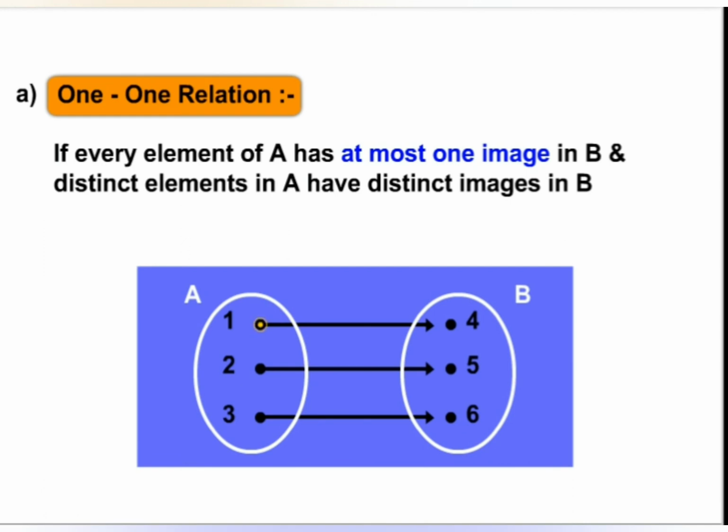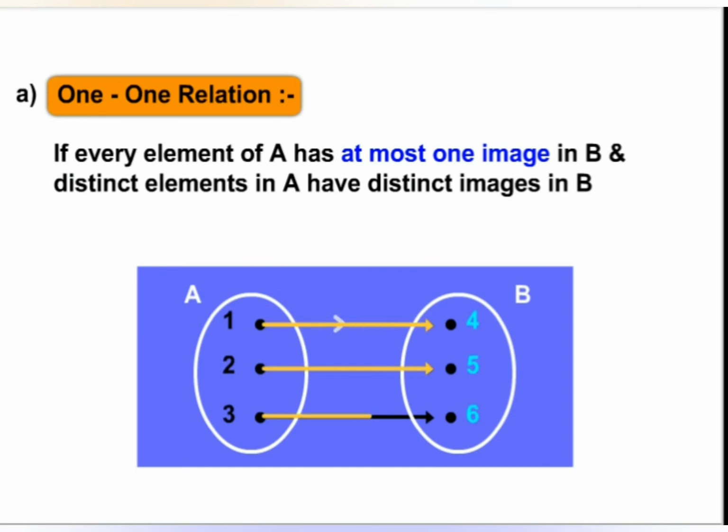If every element of A has at most one image in B and distinct elements in A have distinct images in B. For example, in the figure, 1 has only one image in B, that is 4, and 1, 2, 3 in A have different images, that is 4, 5, 6 in B.